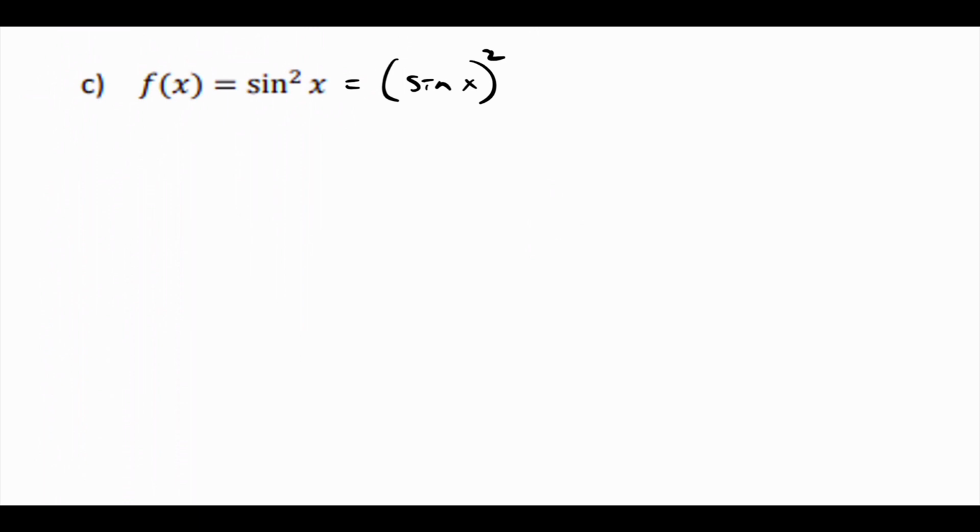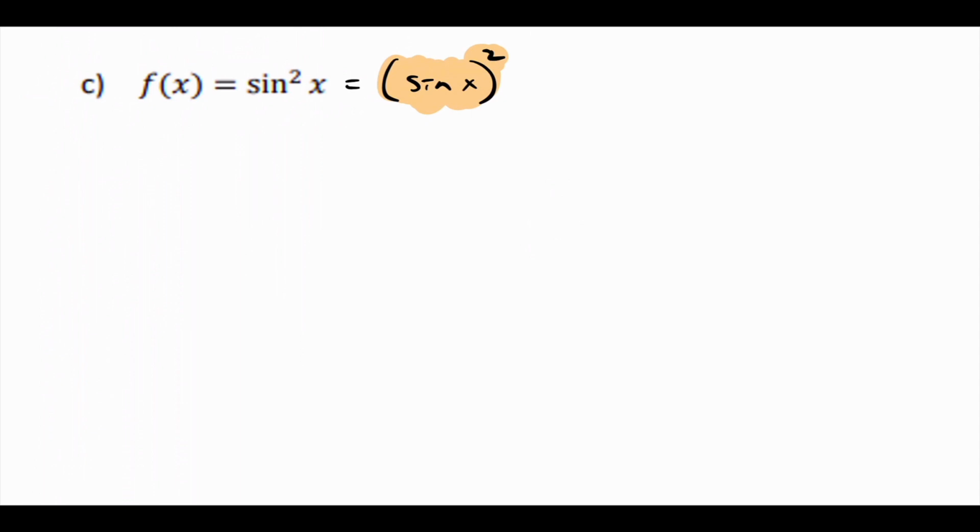I'm going to start with the outside. I'm not worried about what's on the inside because I'll do that later. I'm just worried about what's on the outside. And the outside says something squared.